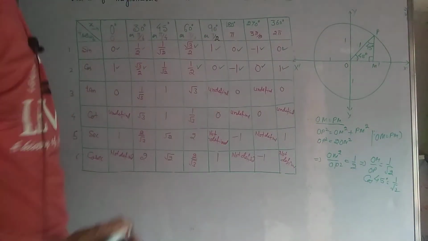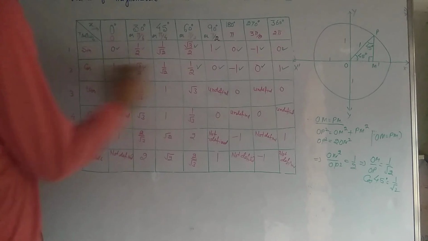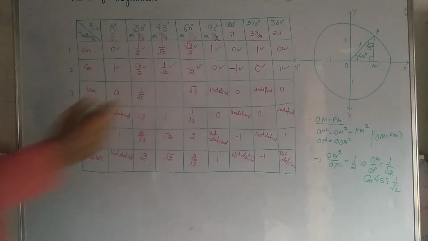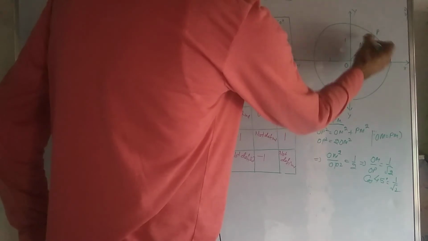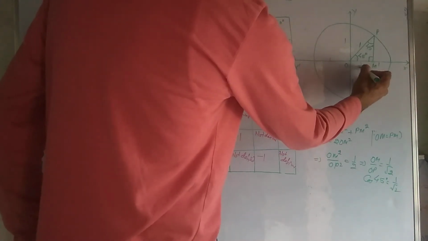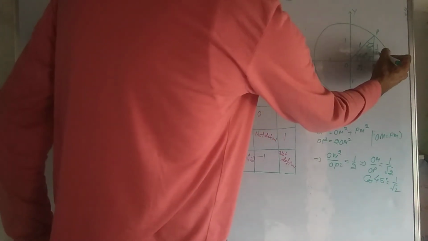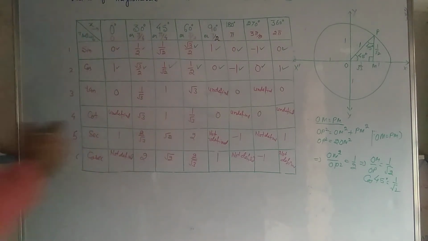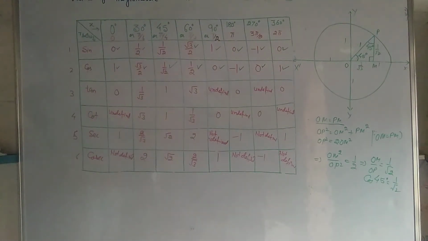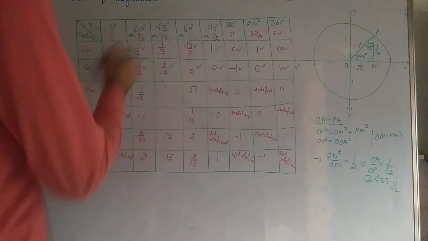So cos 45 is 1 upon root 2, and sine 45 degree is PM upon OP, which is also 1 upon root 2. Therefore, the value is 1 upon root 2 at 45 degrees.